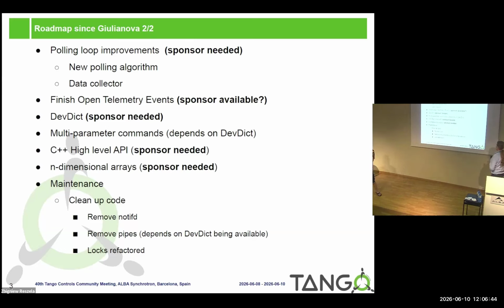It's a dictionary, key and value, and that should enable us to have multiple parameters. It would look to you as if you had multiple parameters in your command calls, but under the hood it would be just one Tango type encapsulating all of them. So a sponsor is also needed. I thought that SKA would sponsor that, but Thomas corrected me and said no, we didn't agree on this yet. So we need a sponsor for this.